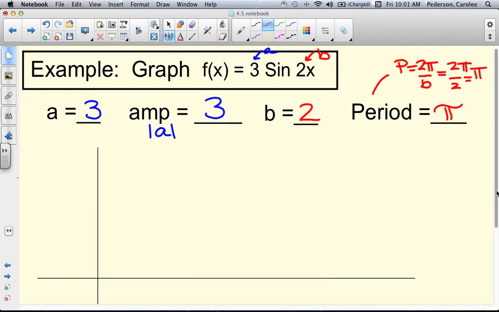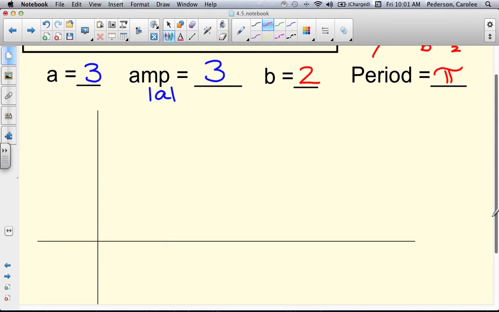So now let's go out and graph it. And we're not going to have you make that XY chart anymore and find all those ordered pairs. We're going to have you do kind of like what we were doing on the parent function, but apply the transformations instead to the parent function. So what I do is make sure there's no translations up and down. In this case, there's no plus or minus d, so I'm set to go.